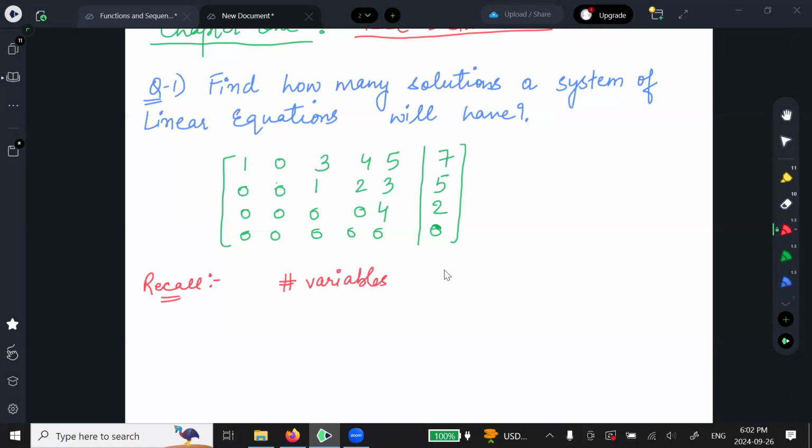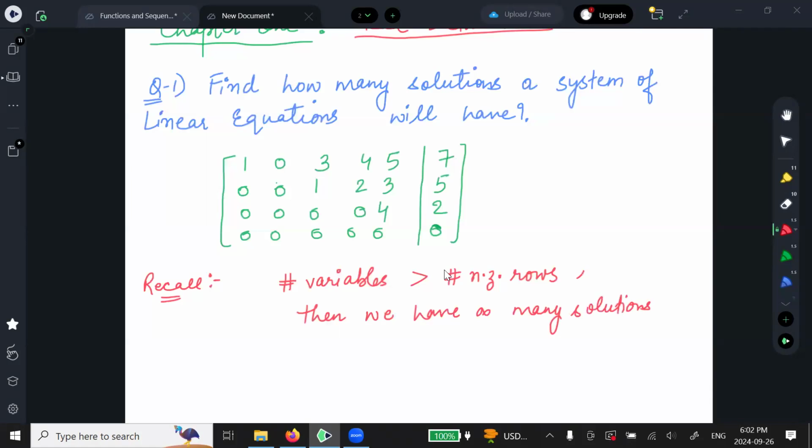I want you to memorize this. If your number of variables are more than number of non-zero rows, then we definitely have infinitely many solutions, right? That's the first thing.